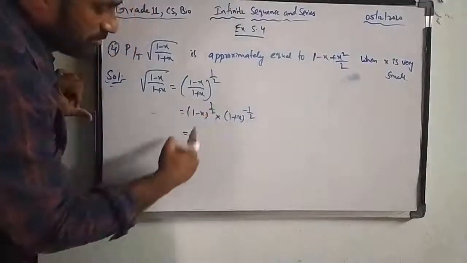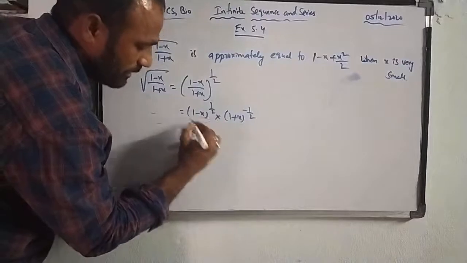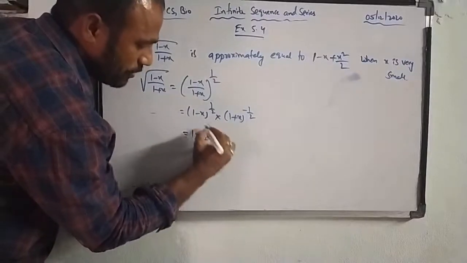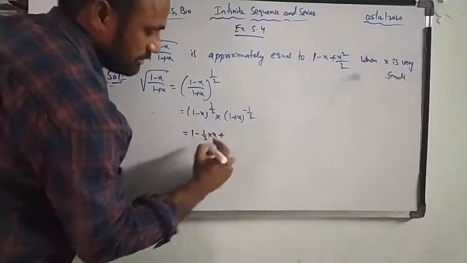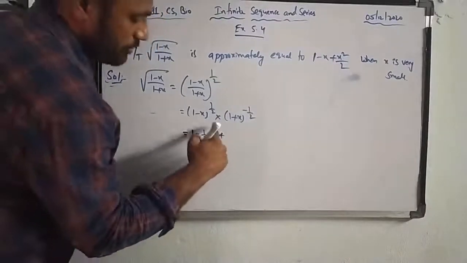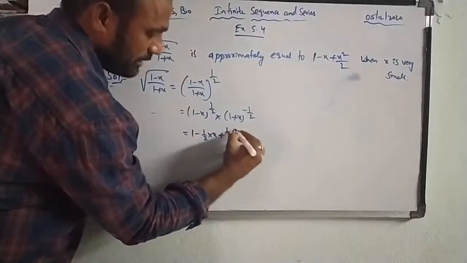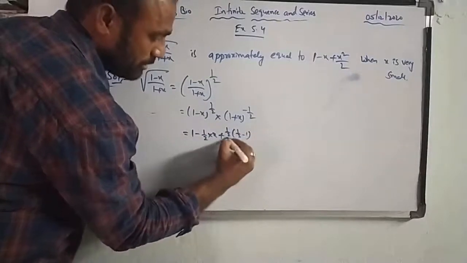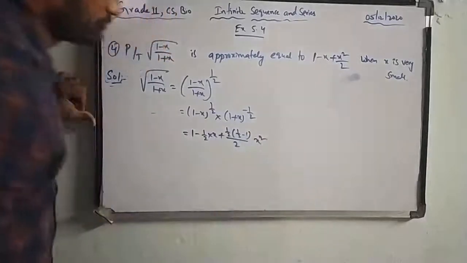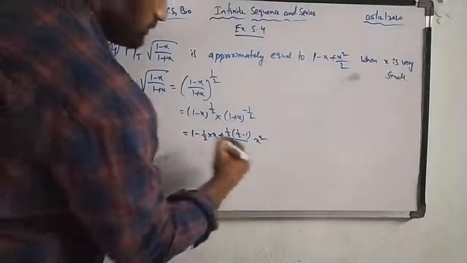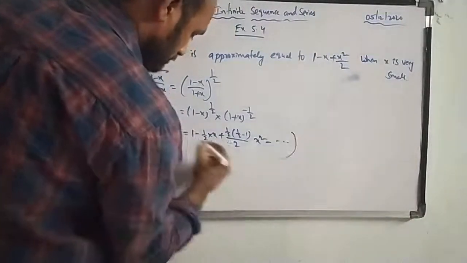So since power is given, we can write (1 minus x) whole power n, that is 1 minus nx, 1 by 2 into x plus n into n minus 1, 1 by 2 minus 1 by 2, x square, minus so on.